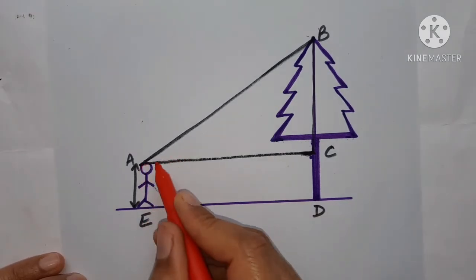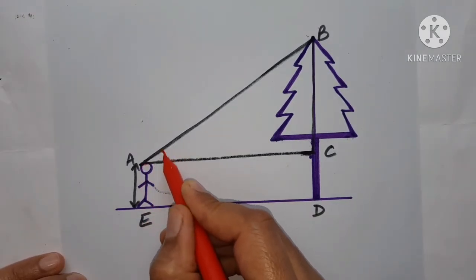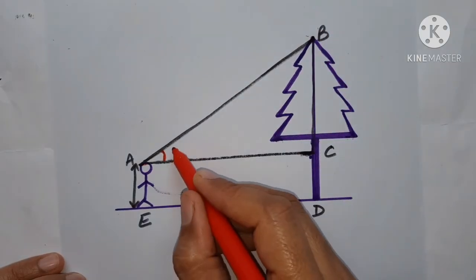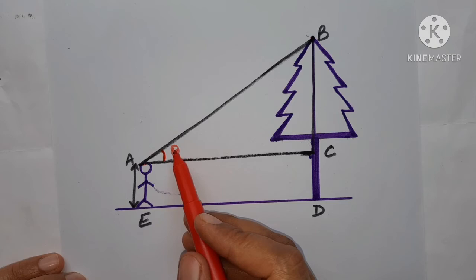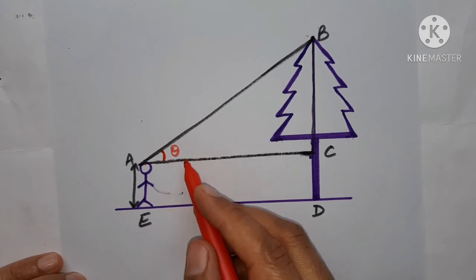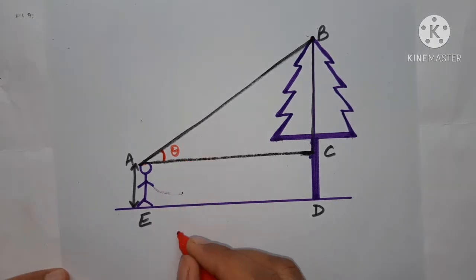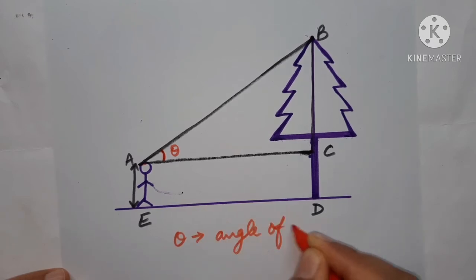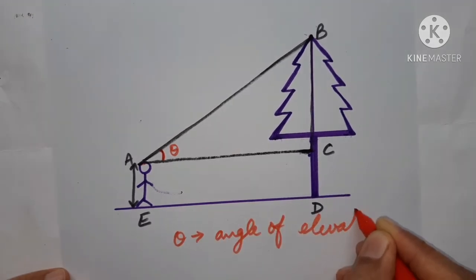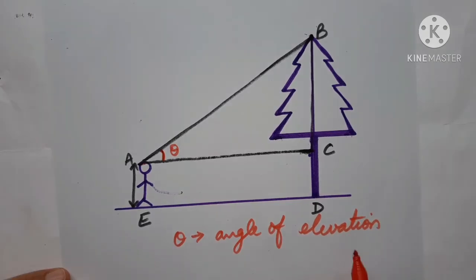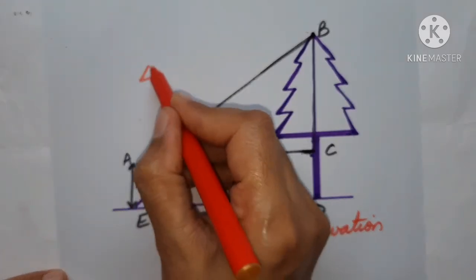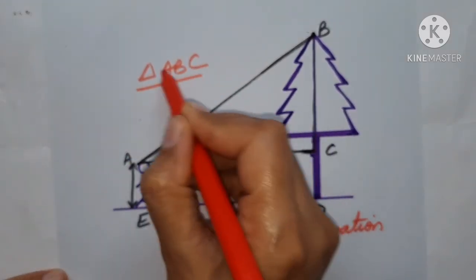If the person is looking up at the top of the tree, suppose this angle is theta. This angle theta is the angle of elevation.